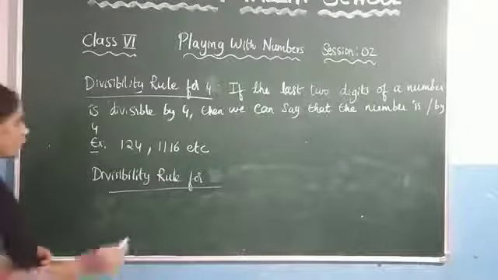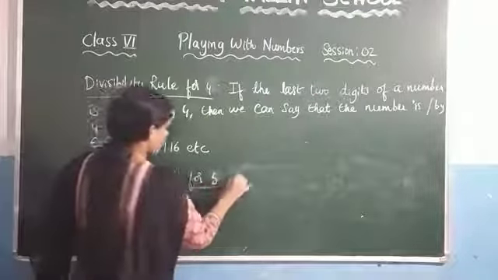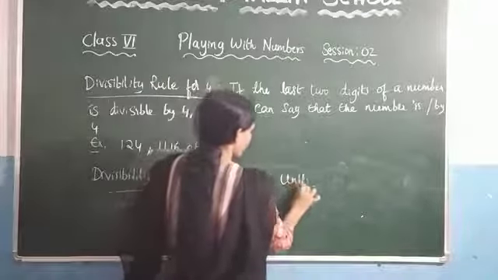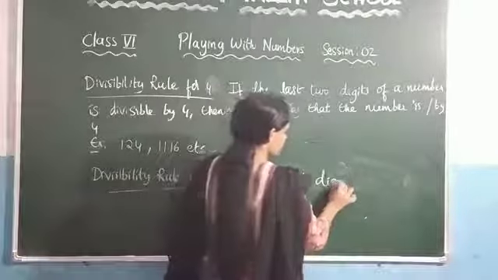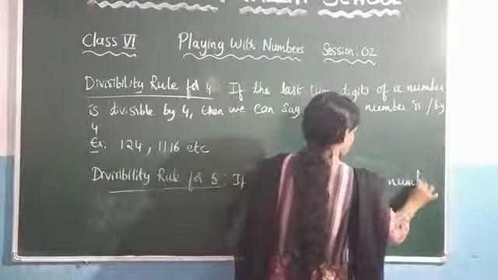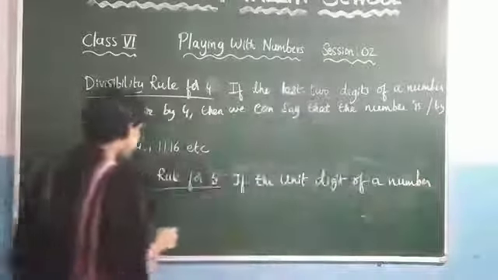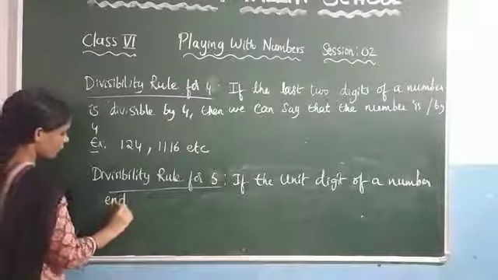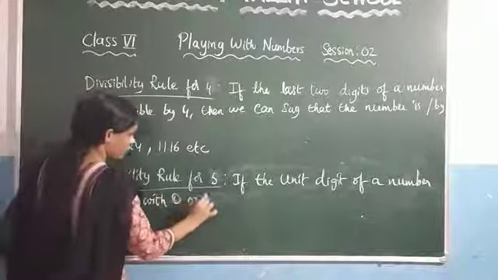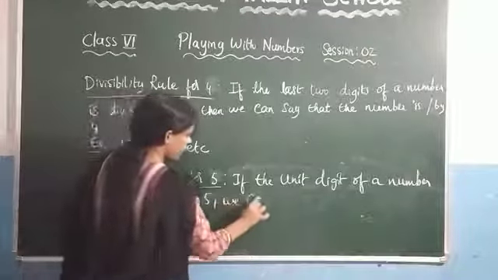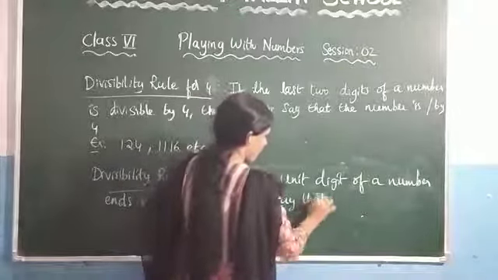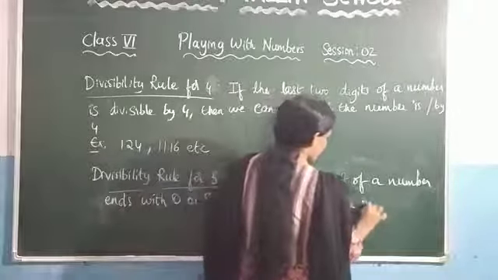So, write it here, divisibility rule for 5. If the unit digit of a number ends with 0 or 5, we can say that the number is divisible by 5.